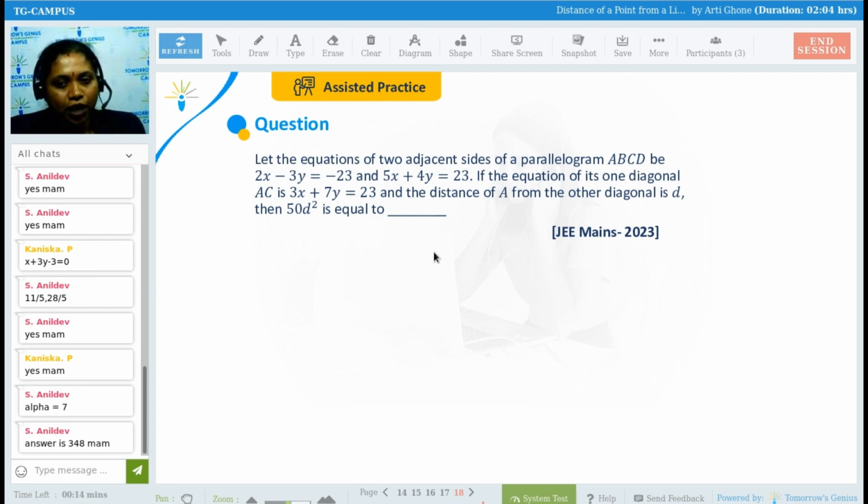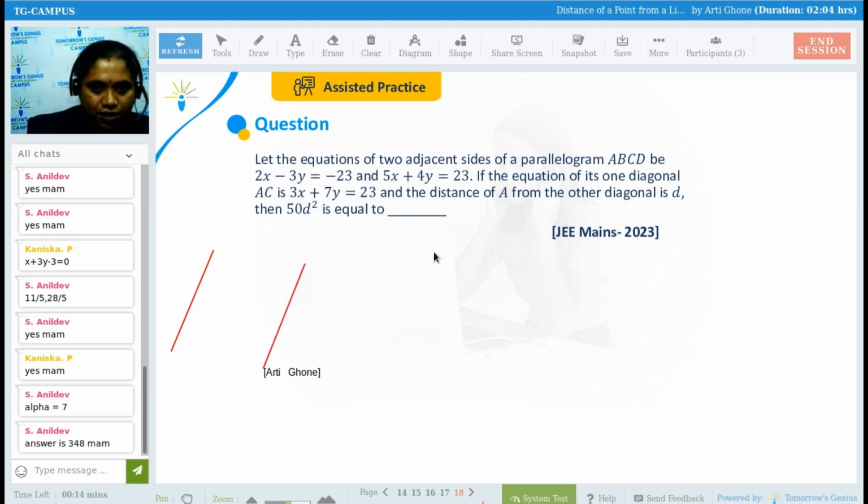let the equations of two adjacent sides of parallelogram ABCD be given. If I take a parallelogram, these are two sides, and I'm just drawing another two sides because we know that the opposite sides are equal.